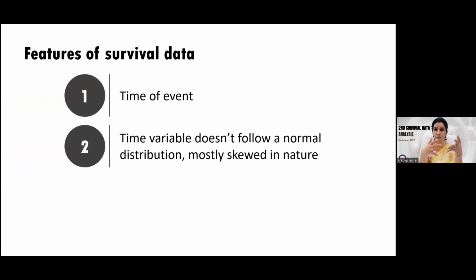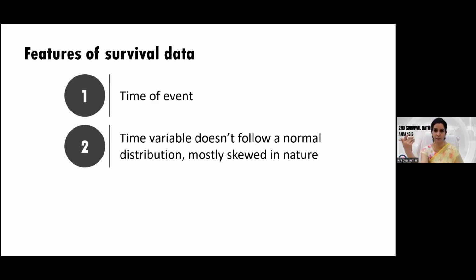It may be from 0 to 365 days depending on the total study duration. That's why we say that usually it is skewed in nature. And that's why the Kaplan-Meier method or even Cox regression are not fully parametric, they are semi-parametric.